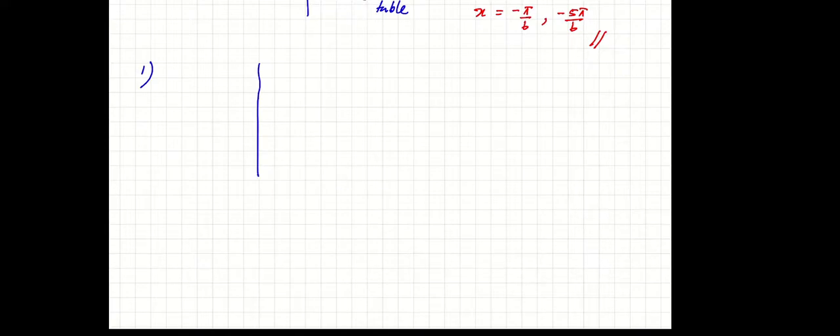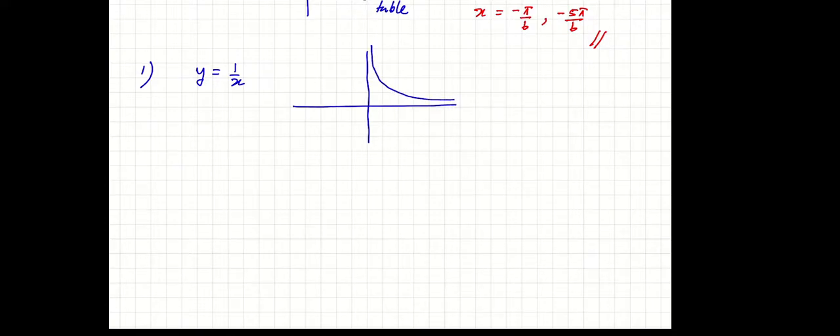First of all, I'll tell you how y is equal to 1 divided by x looks like. Those are like this. That is how it looks like, right? So now if I want to have y is equal to 1 divided by x plus k, that means you are lifted, and k is a positive number, right? It's given already. So you are lifting the whole thing by k. So now instead of 0, you are lifted by k here.